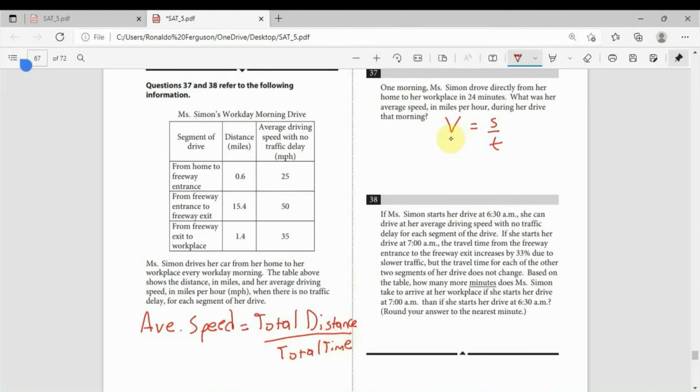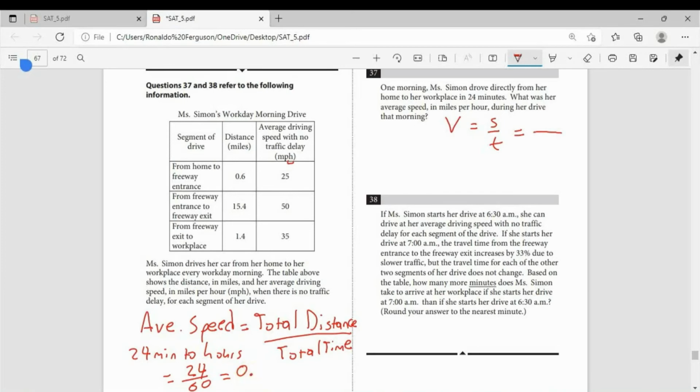Now, she drove for 24 minutes, right? Notice that the speed they've been giving us is in hours. So I want you to convert 24 minutes to hours. 24 minutes to hours would be equal to 24 over 60, because 60 minutes make an hour.